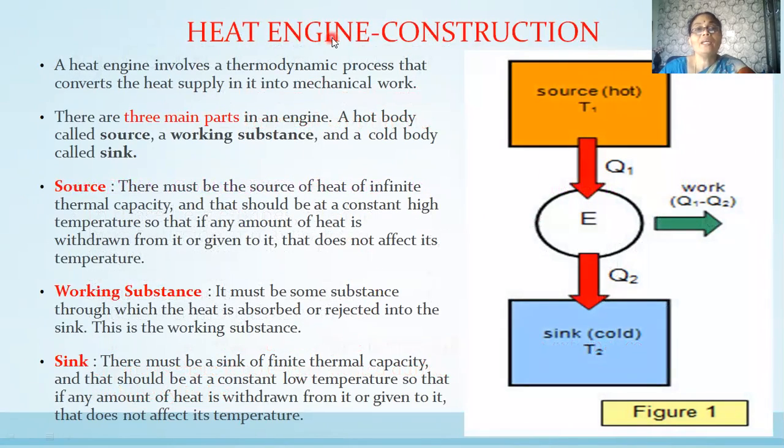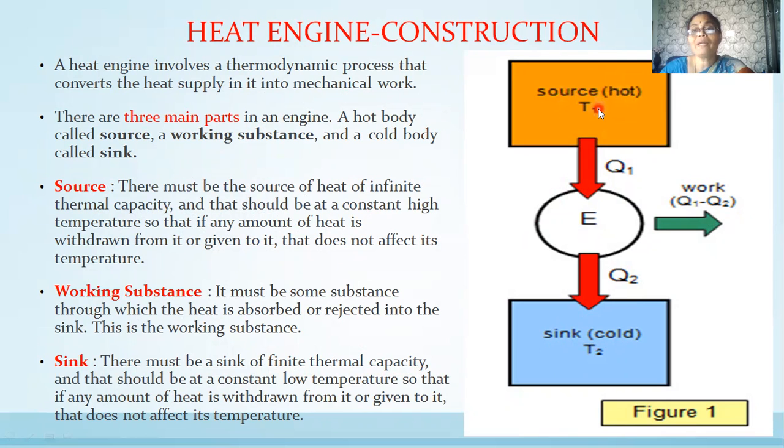Now we will see what are the main parts of the heat engine under the construction. We know that a heat engine converts the heat energy into mechanical work. The main parts of the heat engine are the source, the working substance, and the sink. The source is also known as the hot body.